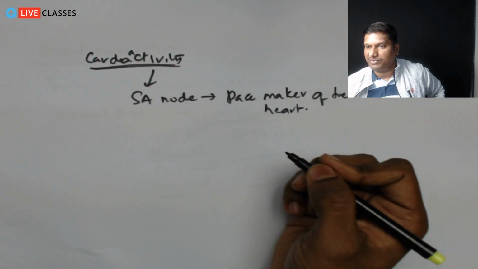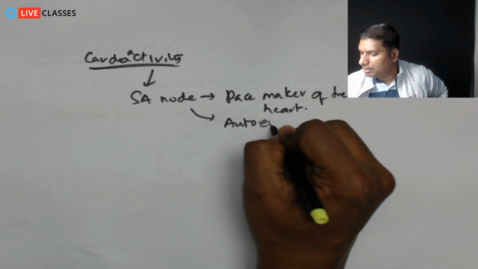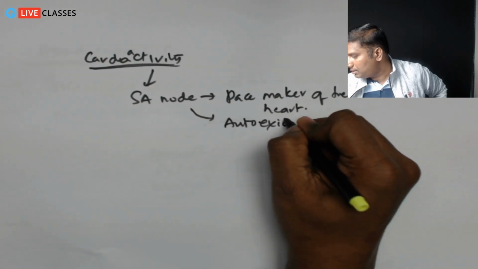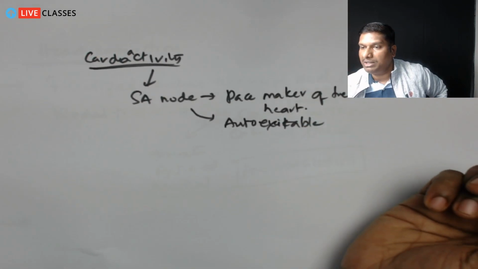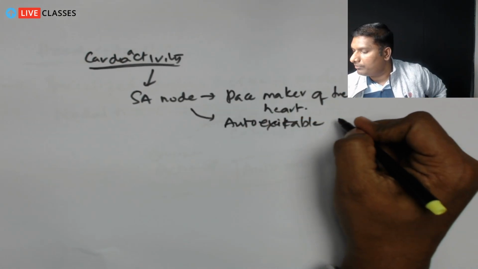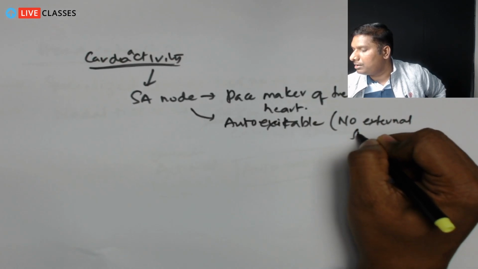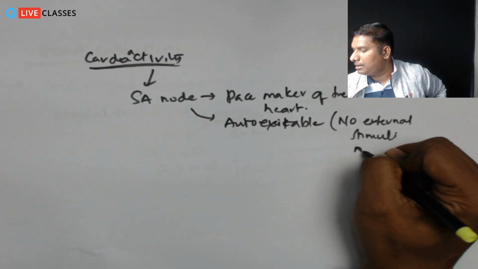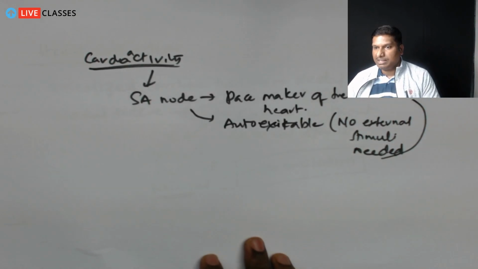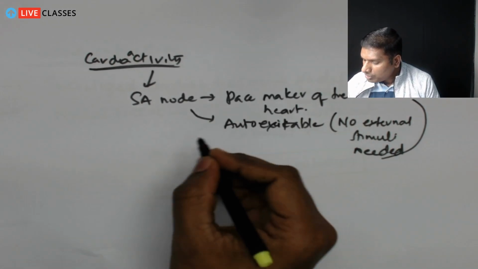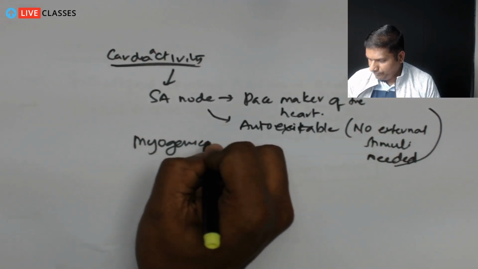It's called the pacemaker because it is auto-excitable. It can excite on its own, with no external stimuli needed. Because of this reason, we call our heart a myogenic heart.